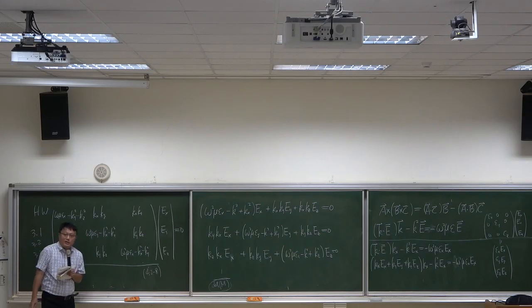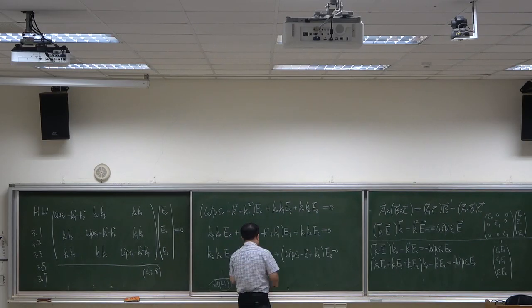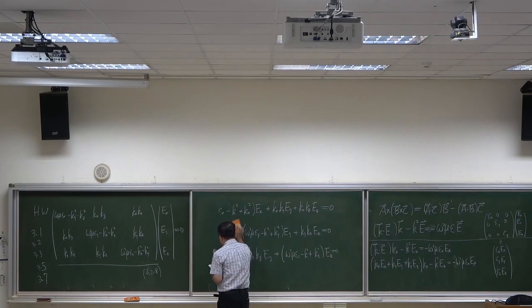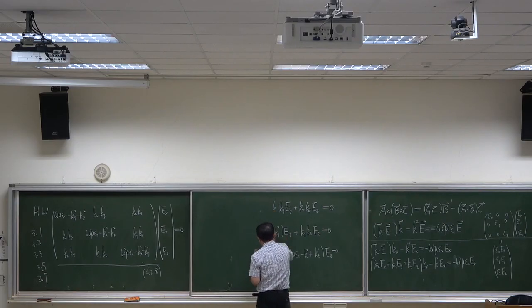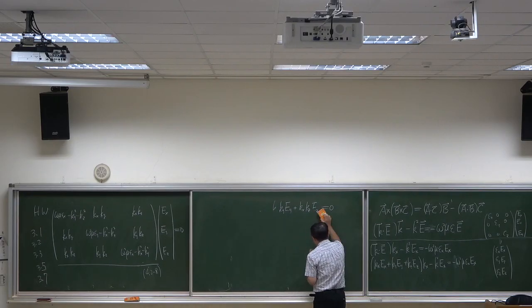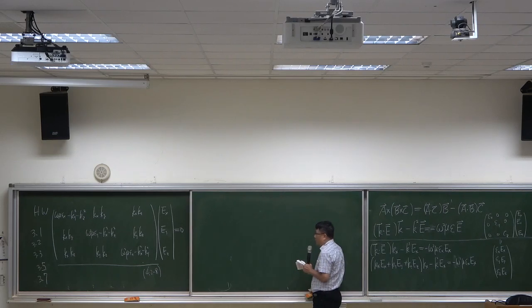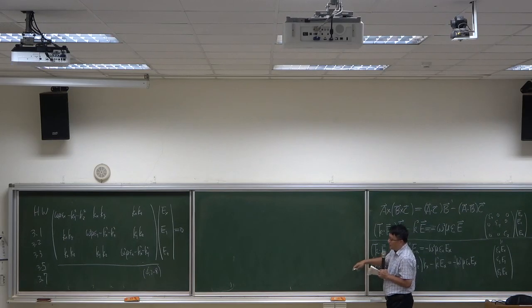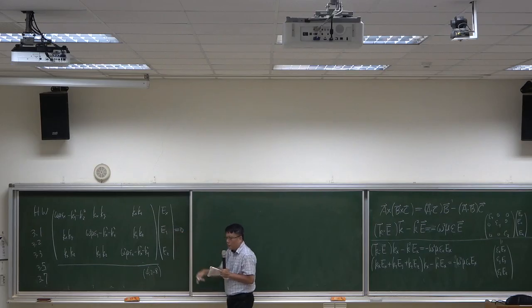And this condition gives us the dispersion relation, which means the relation between the k vector and the omega.